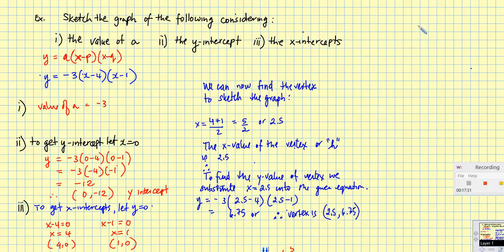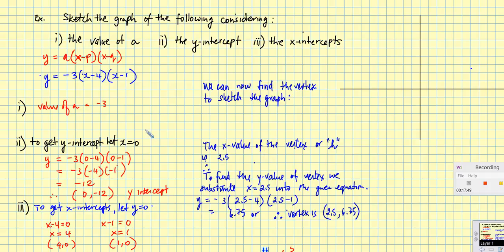Now, if we want to sketch the graph, we want to get our vertex. The only way we can get our vertex at this point is by looking at the middle point between the x-intercepts.